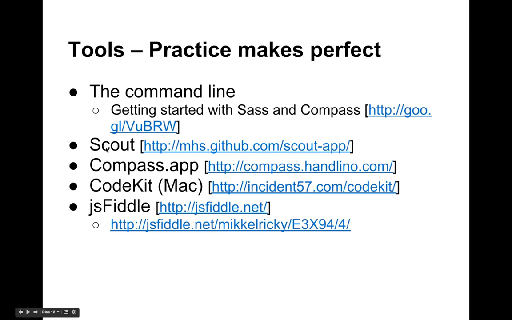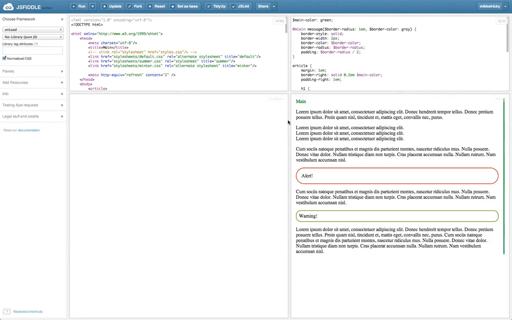Or if you prefer some graphical interface, you can try out Scout that runs on Windows and Mac and Linux. You can try the Compass app for running Compass. And if you're on a Mac, you can use CodeKit that can run Compass and Sass and a lot of other cool stuff. And there's also JSFiddle if you prefer to just stay in your browser.